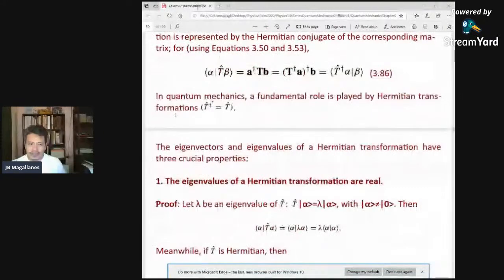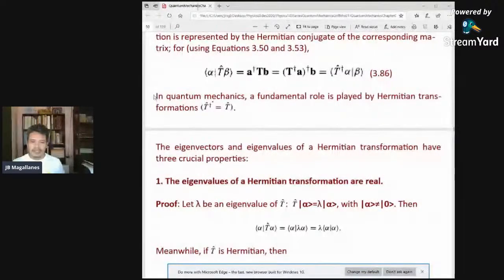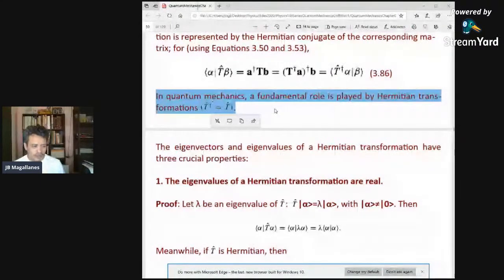In quantum mechanics, we usually do Hermitian transformation. It's very important, not just the transpose or not just the conjugate of the matrix, but the combination of the transpose and the conjugate, which is Hermitian.